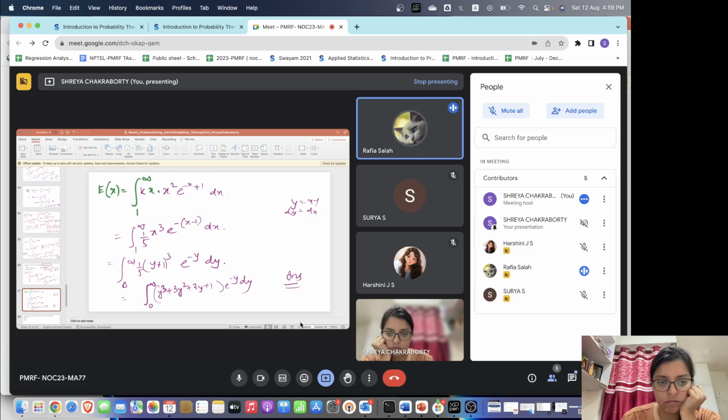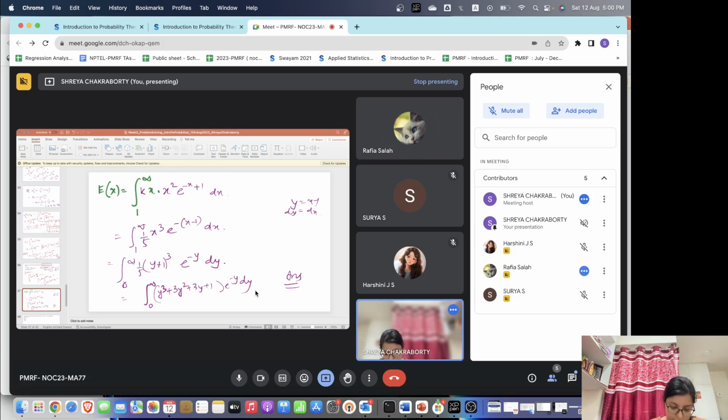There are two functions, f of x and g of x, and f of x is a logarithmic function and g of x is an algebraic function. So we take the logarithmic one first and the algebraic one next. Yes, I think that is the rule. Integration by parts has a specific order. I'll just confirm it.